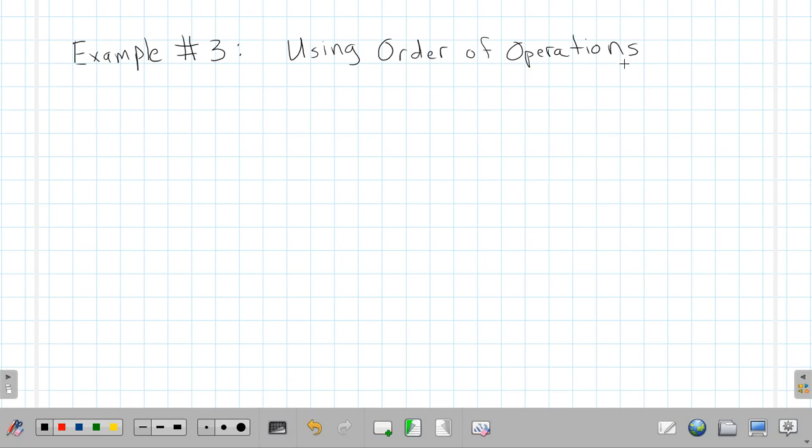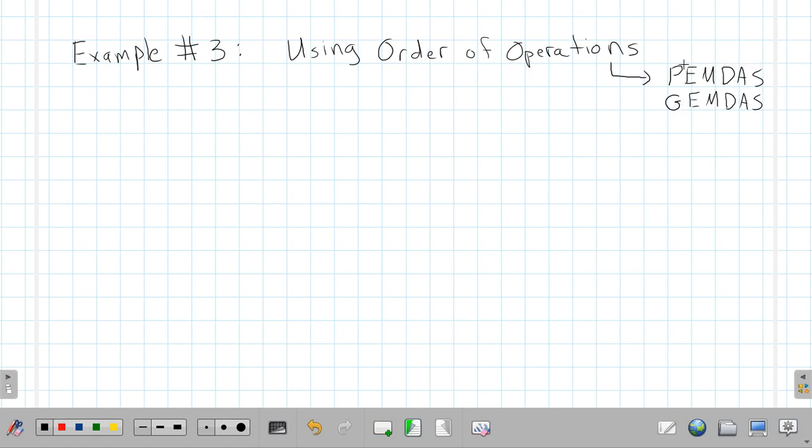Okay, so when we are talking about order of operations, just to refresh everybody's memory, we are talking about PEMDAS. You might know it as PEMDAS, or you might have seen it as GEMDAS, or you might know it from the expression. So once again, one of your previous teachers might have told you this, but you can actually make a sentence out of this acronym, and it says, "Please excuse my dear Aunt Sally."